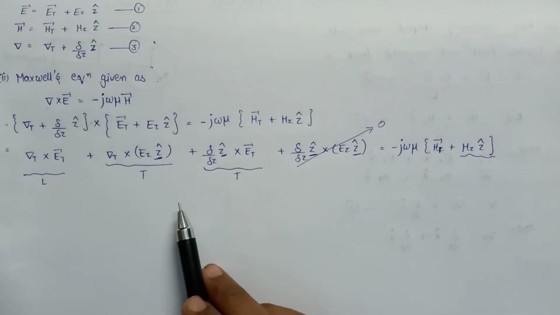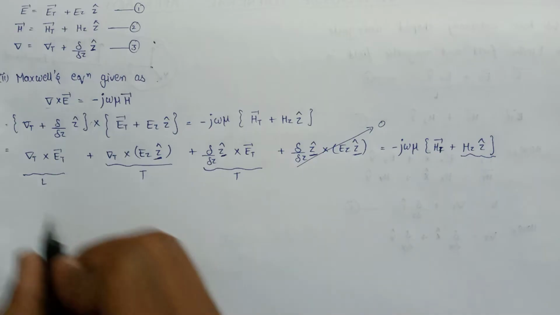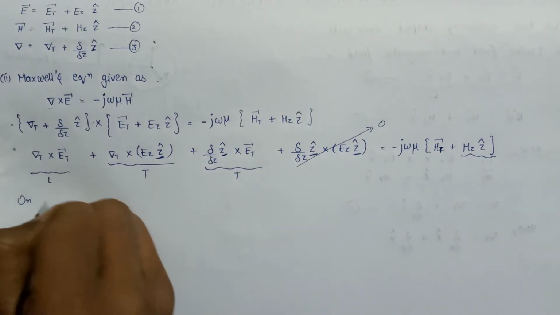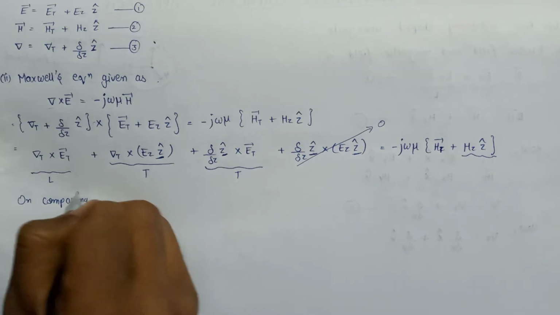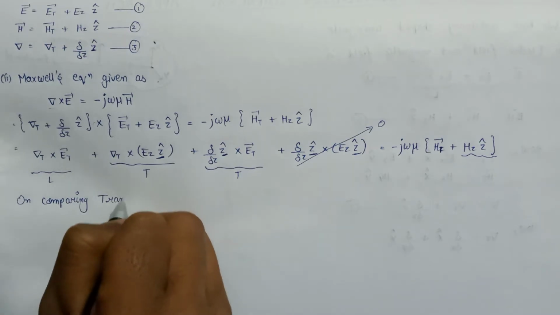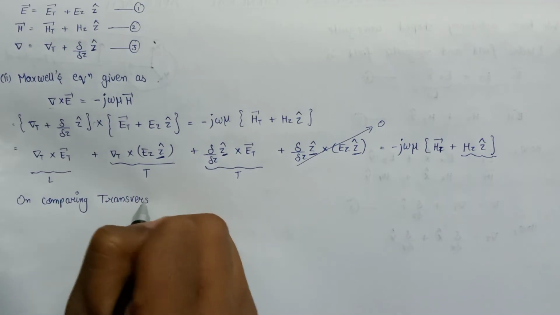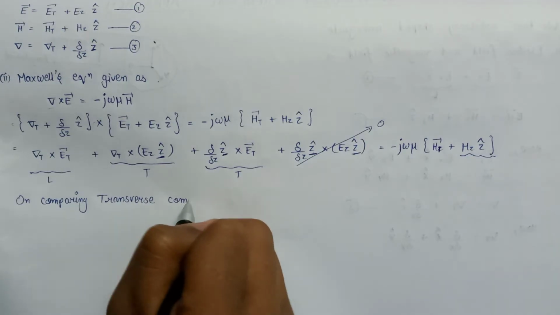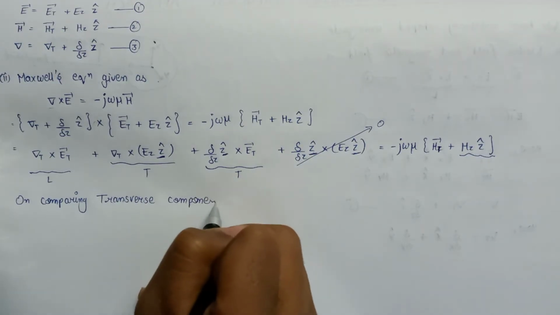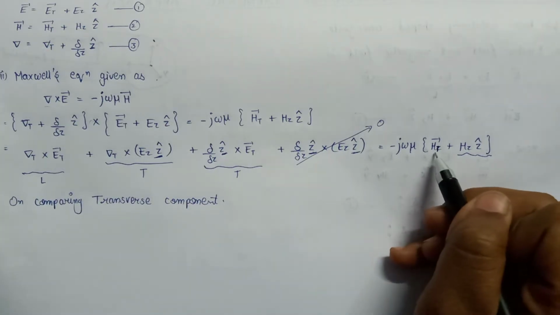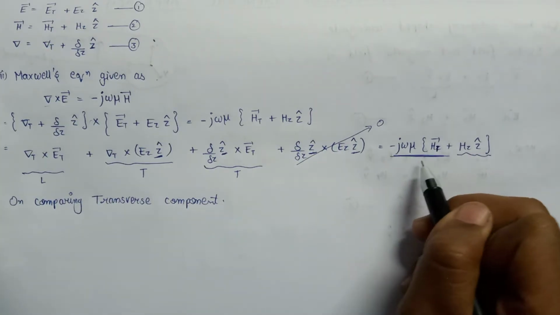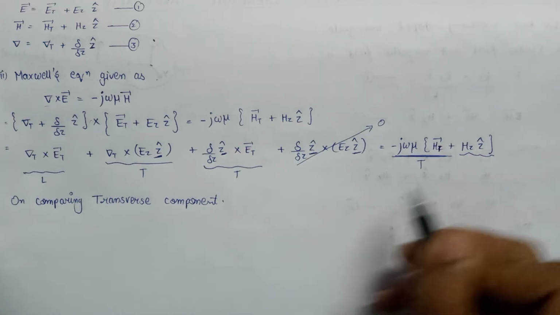Now comparing the transverse and the longitudinal component, on comparing the transverse component, we get in the RHS, here is the H transverse, which is serving as a transverse component.